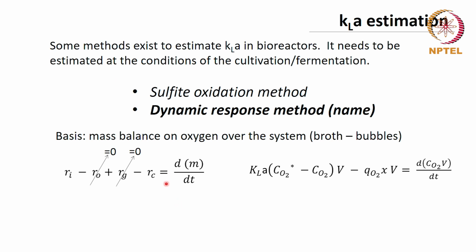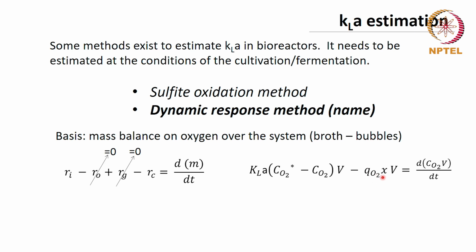Okay. Now the consumption rate, we are going to write in terms of a certain oxygen uptake rate, QO2. The units of QO2 are such that you need to multiply it by the cell concentration, okay, because it is normalized with respect to cell concentration, and also the volume to get it in terms of moles per time of oxygen.